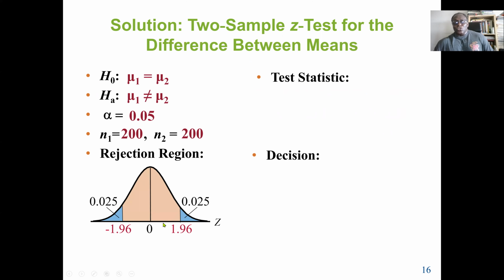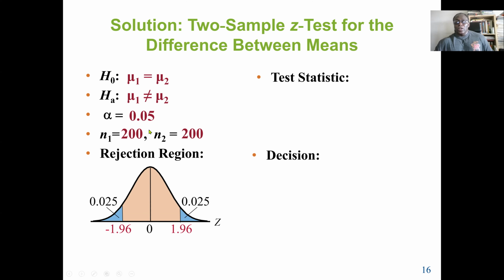The next thing, we can draw our rejection area. We are using the same formula for the Z, 1 minus alpha over 2. Now, since alpha is 0.05, we divide it this way. We are doing two-tailed here. We say the claim is not equal, H0 is equal.